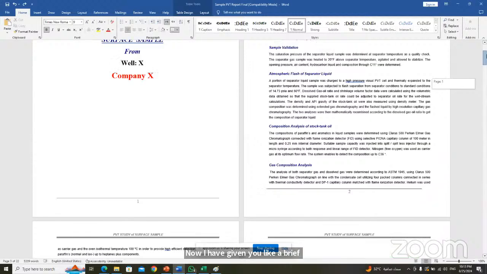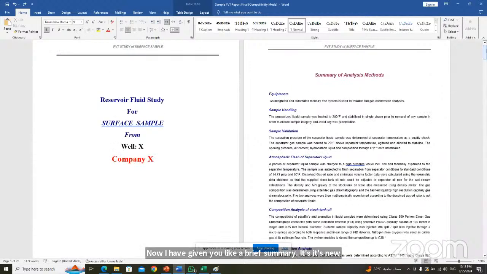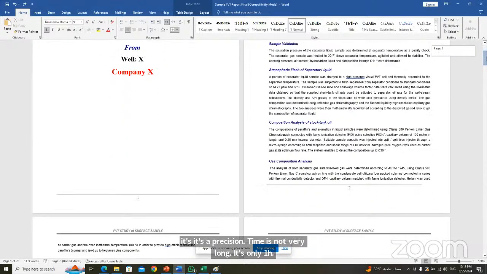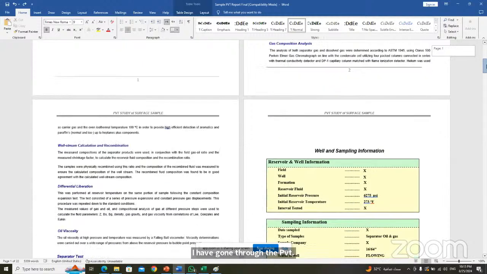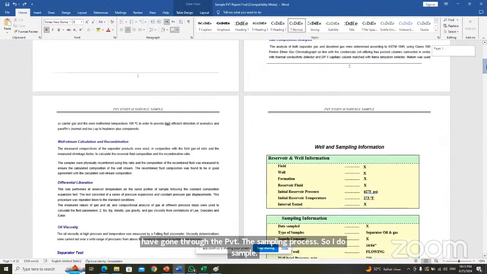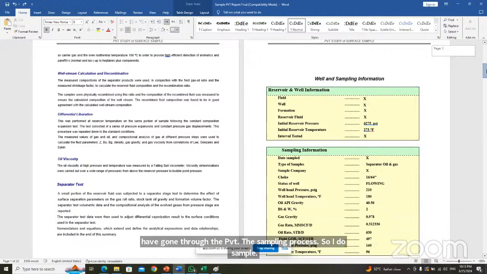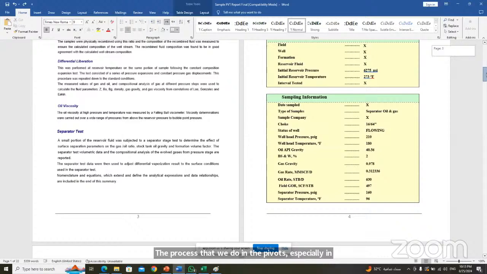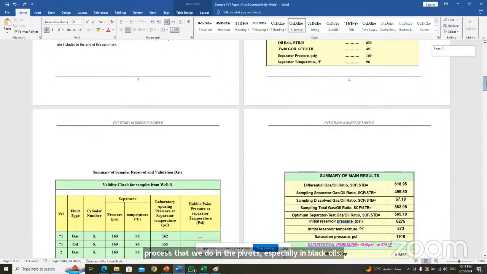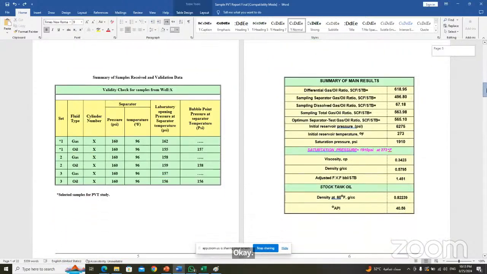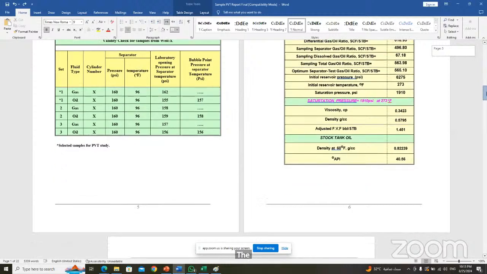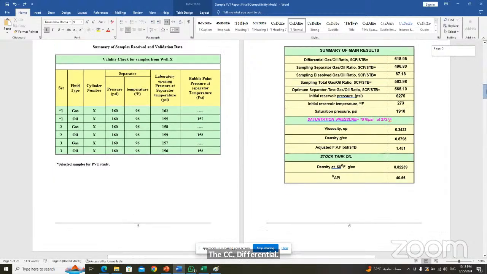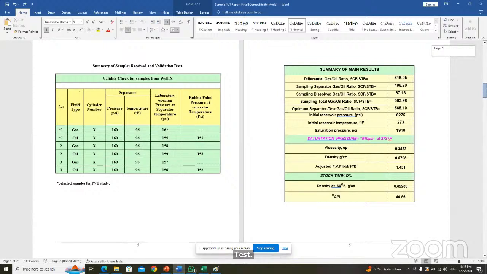The session is not very long, only one hour. I have gone through the PVT report, the sampling process, the types of samples, and the different tests that we do in the PVT, especially in black oils: the CCE, the differential test, the separator test and its importance, and PVT adjustment.